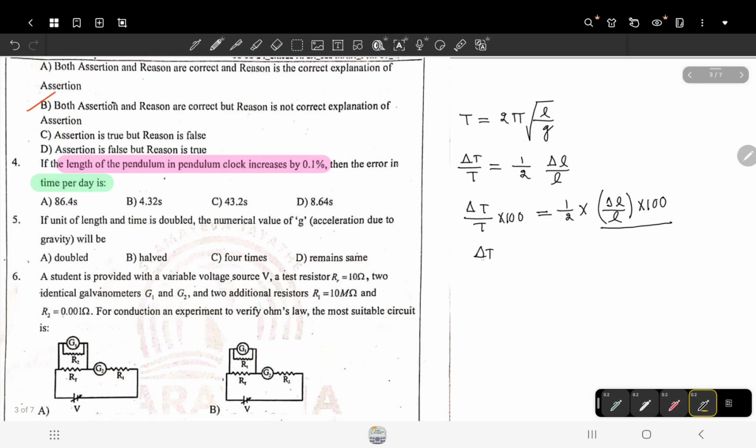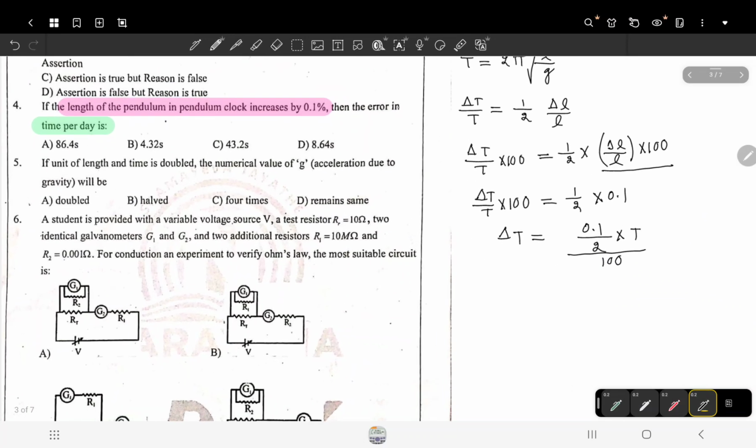Therefore delta T by T into 100 is equal to half into 0.1, and we can also write delta T as 0.1 by 2 into the time by 100.